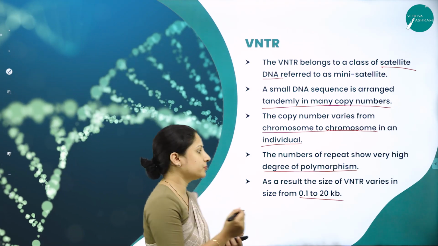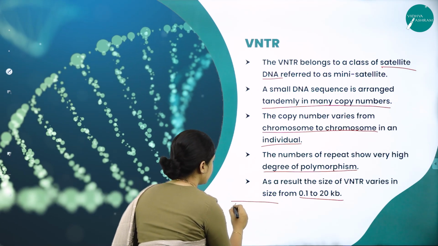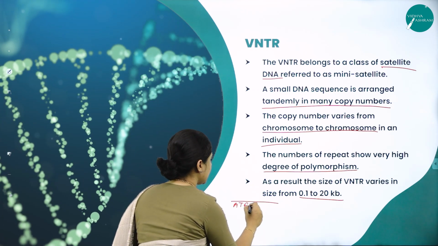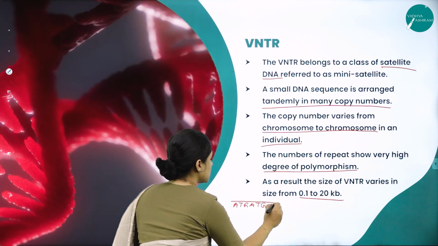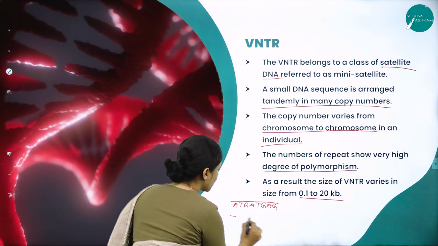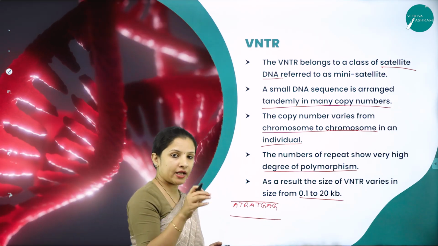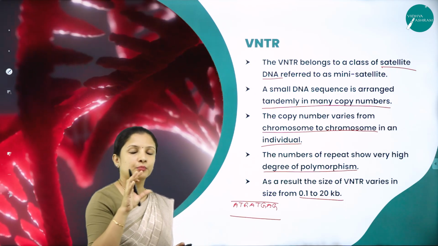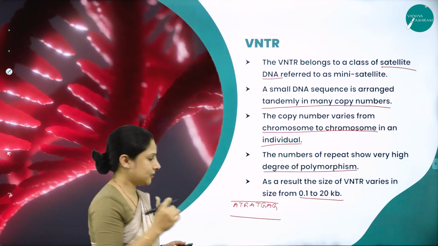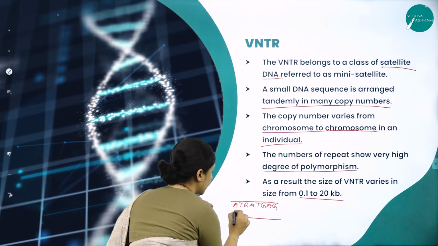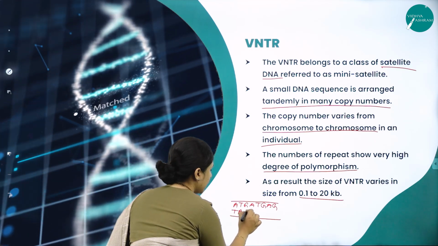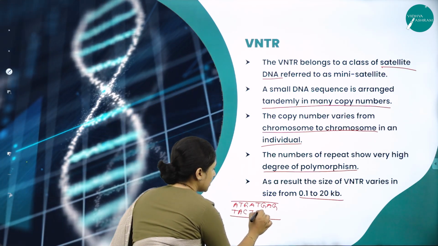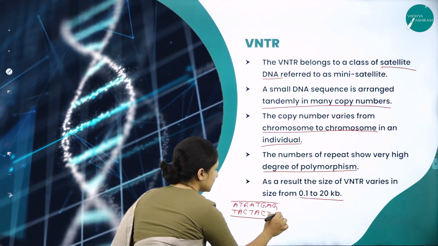Now for the VNTR probe, say for example the tandem repeats are ATGC, ATG, AG, like this. A probe will be made which will be radiolabeled. Radiolabeled means that when applied, it can illuminate light. For this, the complementary sequence will be T, A, C, T, A, C, T, C, like this.